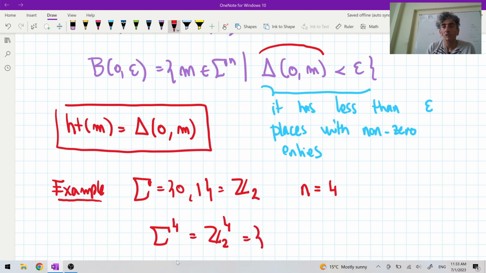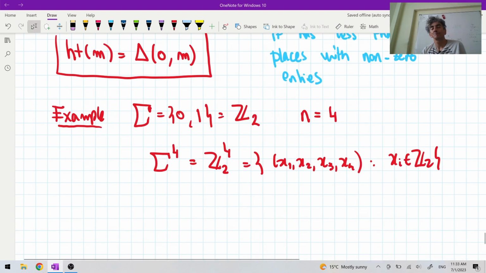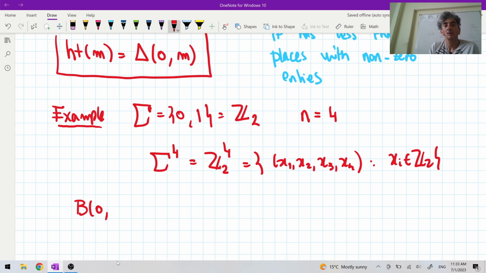These are vectors with 4 entries, each of which is in F_2. Okay, so what is the ball centered at 0 of radius 3? It consists of all the elements of sigma to the 4 such that their height is less than 3.